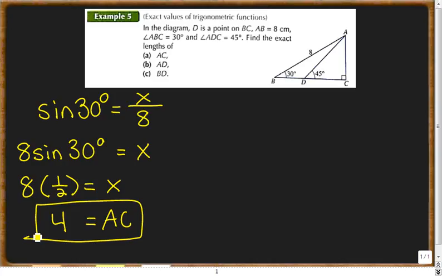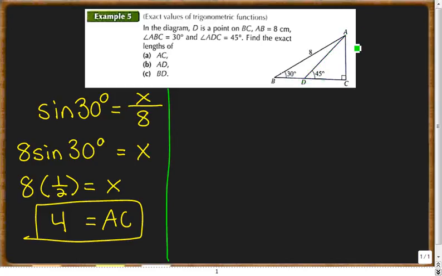Now it wants AD. Well, how do we find that? That is actually the hypotenuse of the smaller triangle.